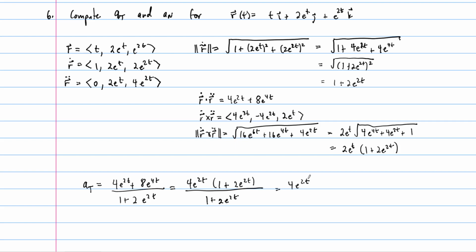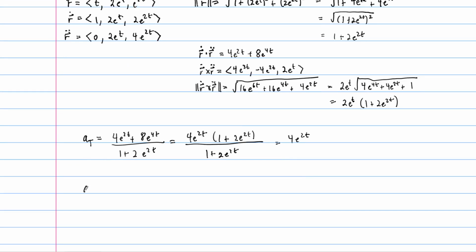So our tangential acceleration is 4e to the 2t, and our normal acceleration, well, that's going to be this, right? So it's 2e to the 2t, oh, sorry, 2e to the t for this one, times 1 plus 2e to the 2t divided by 1 plus 2e to the 2t. Those cancel. And so the normal component of acceleration is just 2e to the t.